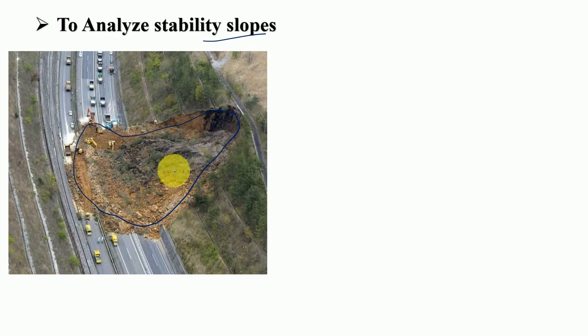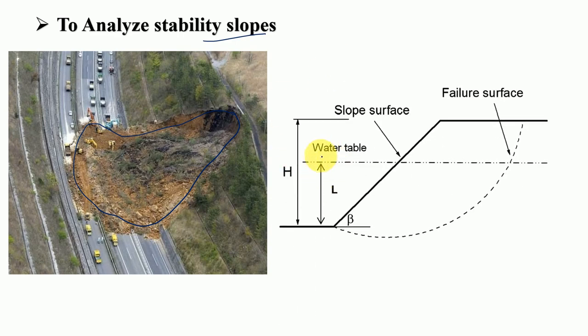Again, the stability of the slopes depends upon the height of the slope. You can see here, this is the height of the slope, and also the water table, at what height the water table is present, and the angle of the slope. Therefore, by doing the soil investigations, we will find c, phi, water table depth and unit weight.